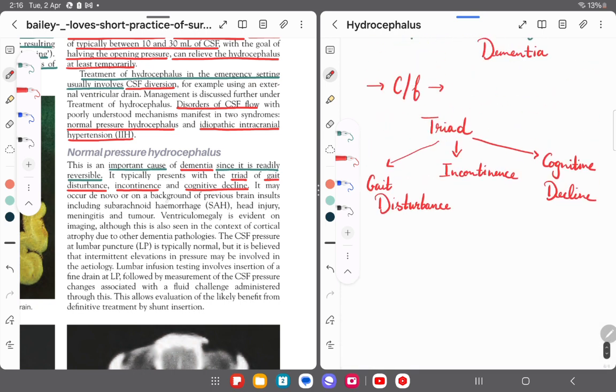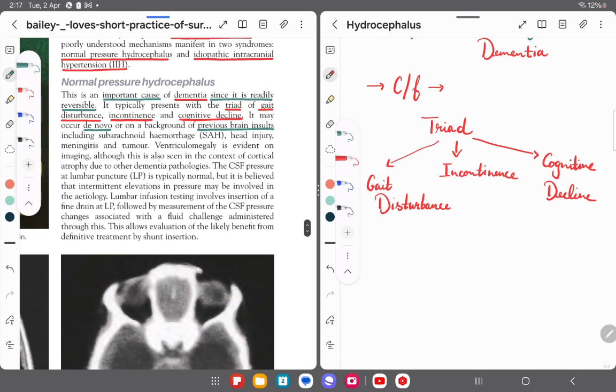It may occur de novo or on a background of previous brain insults, including subarachnoid hemorrhage, head injury, meningitis, and tumor.